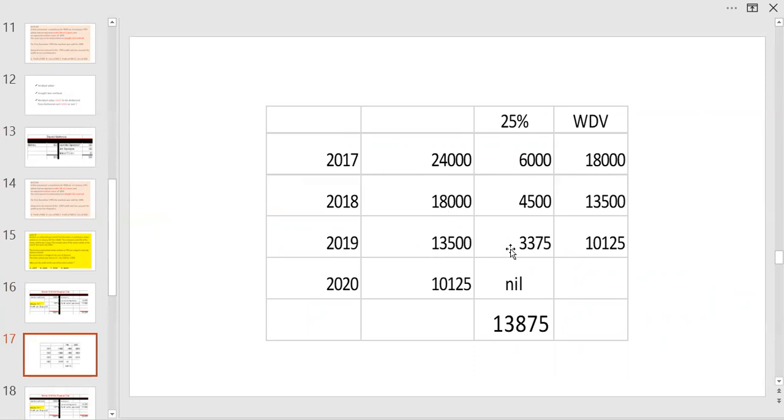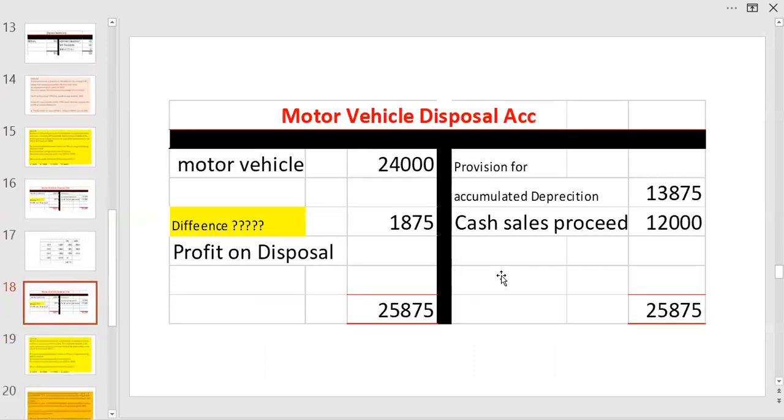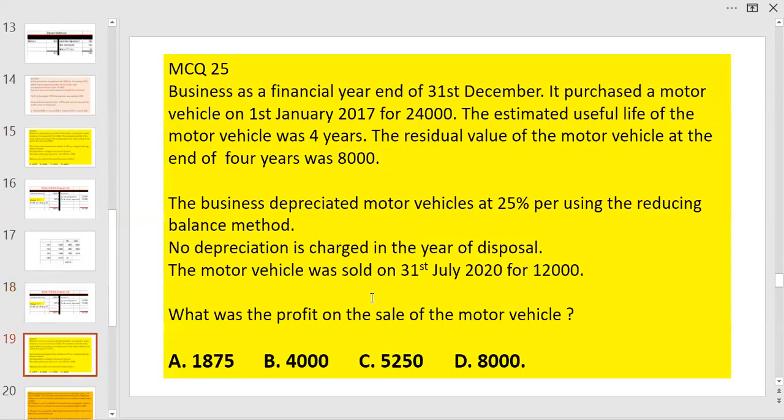For year 3, depreciation calculated is 3,375. They say in the year of disposal no depreciation, therefore year 4 no depreciation is provided. Total amount is 13,875. Therefore profit is 1,875. Answer is A. Now let us look at the next question.